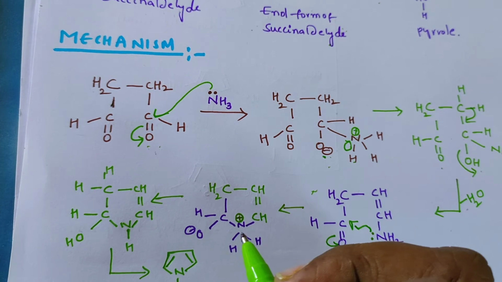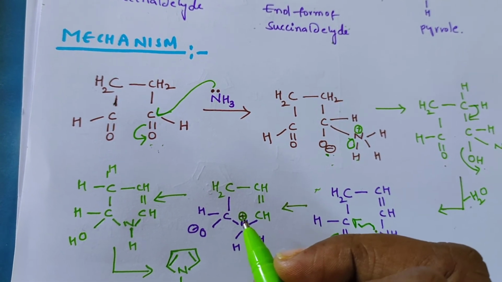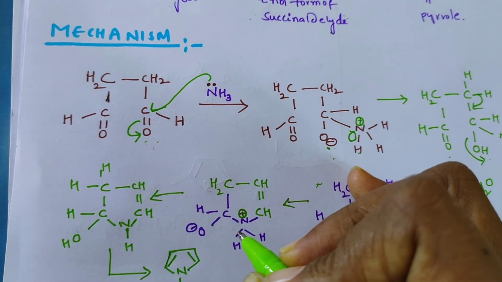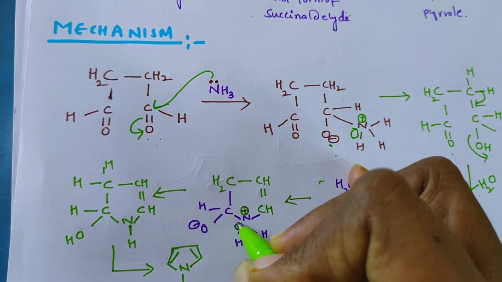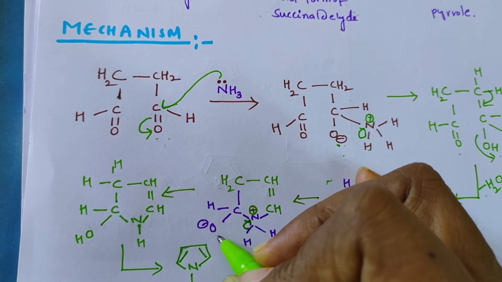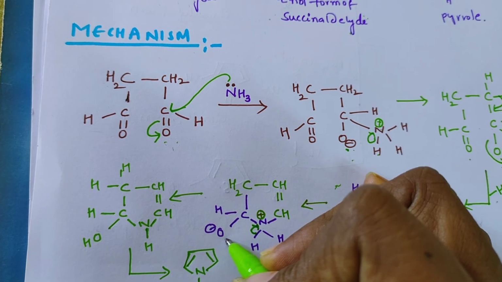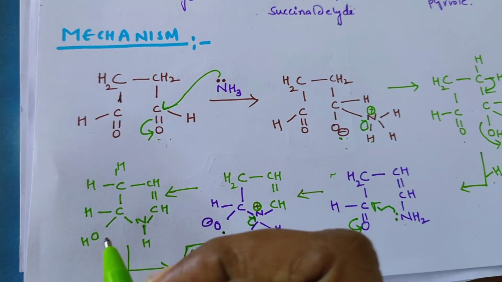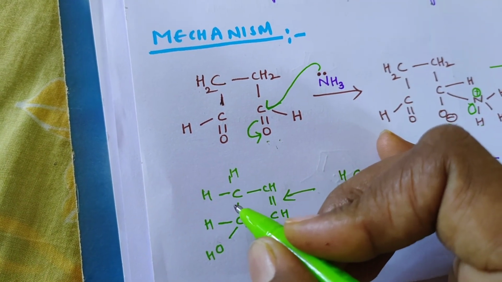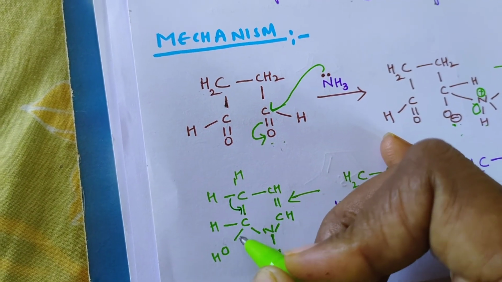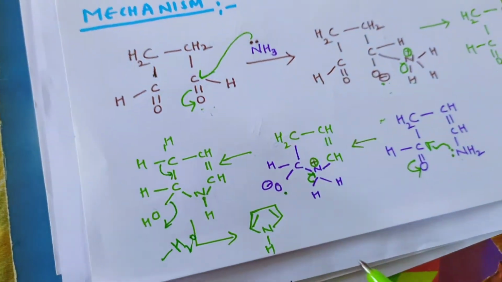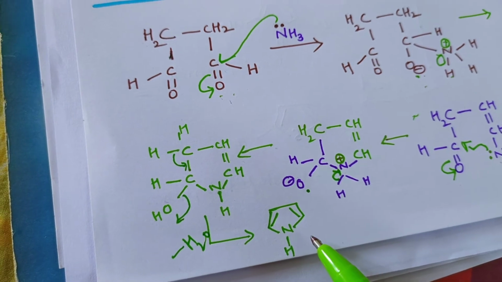After losing the electrons, the nitrogen gets a positive charge and the oxygen a negative charge. Same as before, the proton is shifted, and this proton goes to the O minus, making it OH. And here also, the hydrogen is shifted to here and OH is removed here as water. So you will get a pyrrole structure.